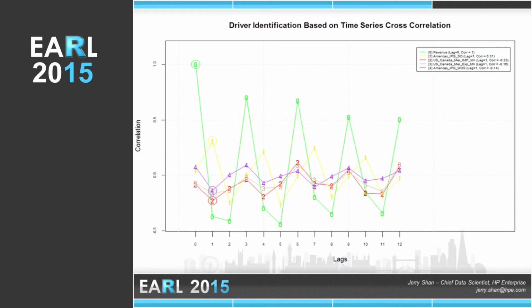I put a circle means at this lag, it is most significant. So that means US-Canada merchant imports is most significantly correlated with HP's revenue for PC sales in this region for this business at lag 1. So it tells you what candidate drivers are important at what lags.